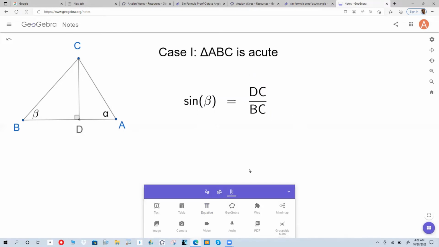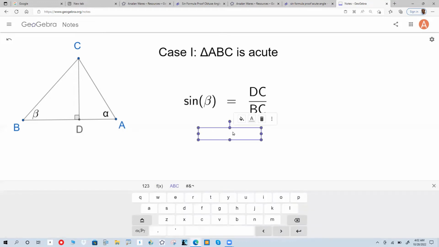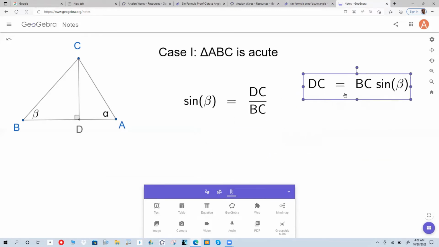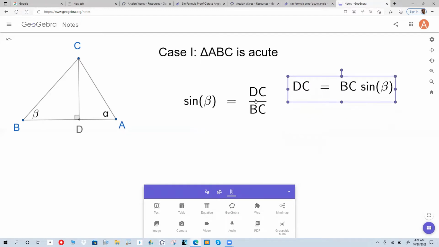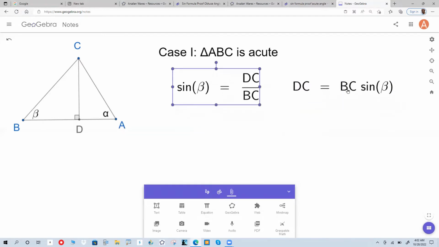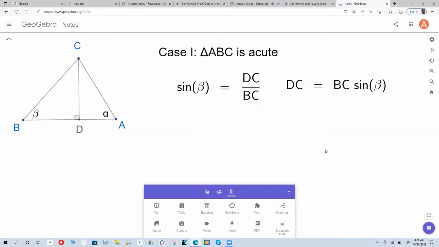And that implies if I multiply both sides by BC, I get the following. DC is equal to BC times sine beta. Now, I'm going to do the same thing with triangle ADC.